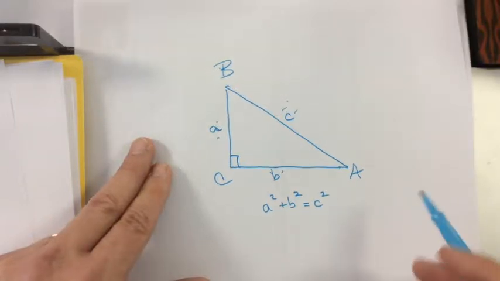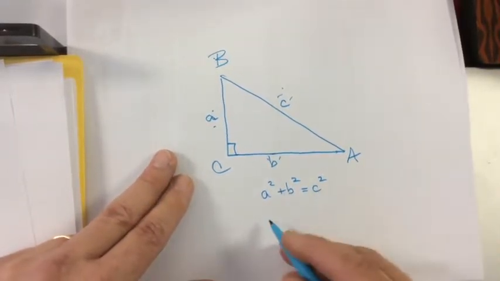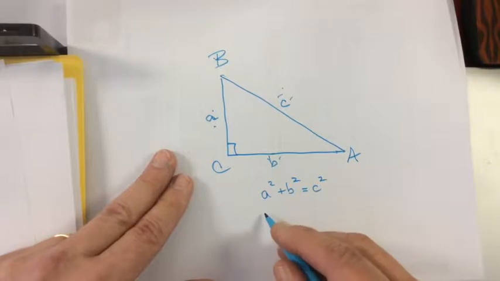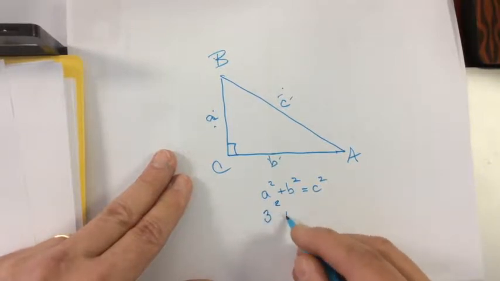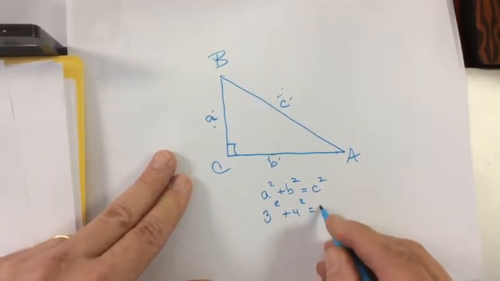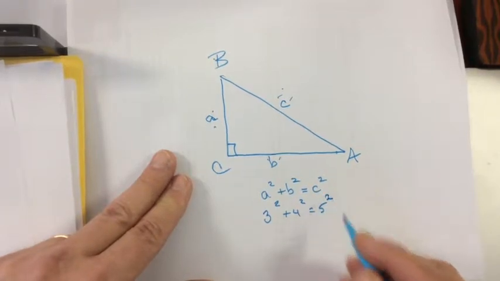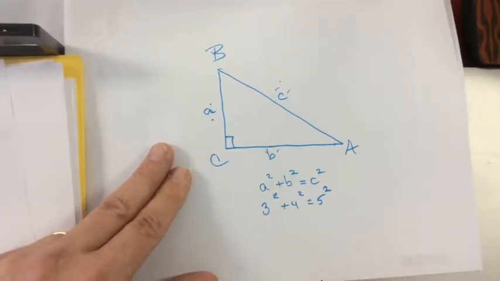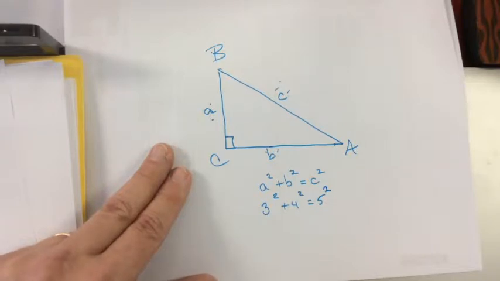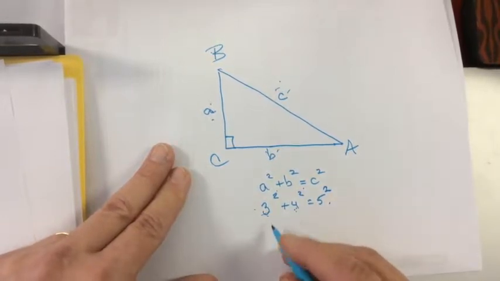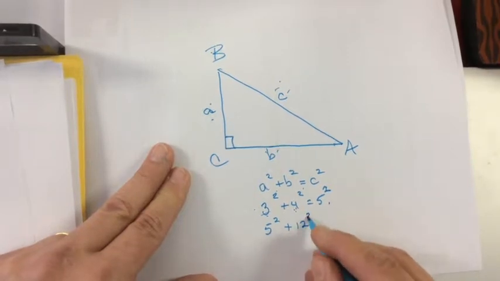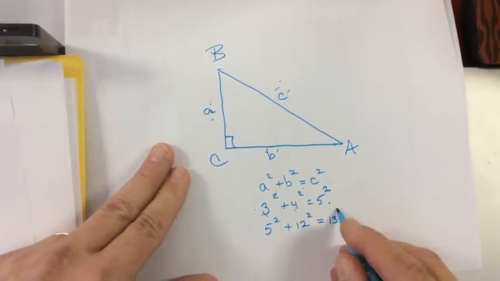There are certain numbers that work out perfectly, like 3, 4, and 5. Those are called Pythagorean triples because you don't have to deal with radicals at all. 3 squared is 9, 4 squared is 16. Together that's 25, and that's the same as 5 squared. Or 5 squared plus 12 squared is equal to 13 squared.